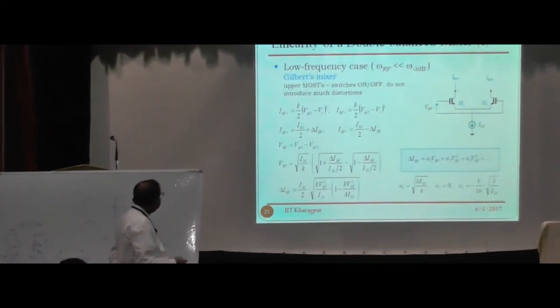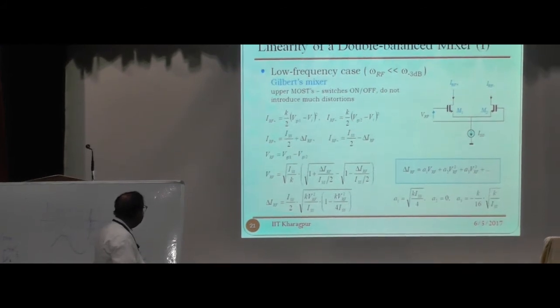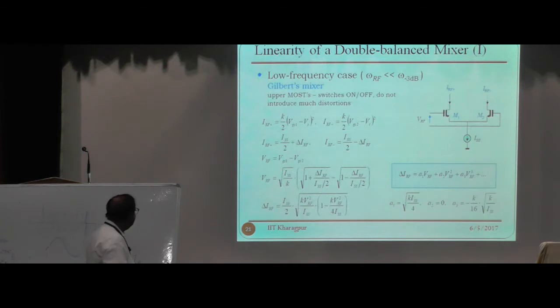So if you look at this, IRF plus is nothing but mu n C of W by L, VGS1 minus VT, the threshold voltage of this transistor 1, and so on. Then if there is a small current change, as he was mentioning, there is a small IRF plus delta IRF, and in the other direction it will be minus delta IRF.